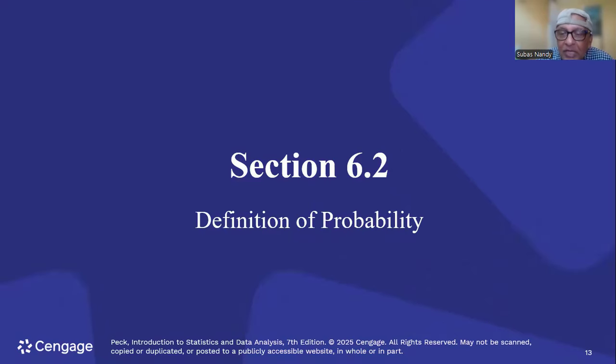Definition of probability. As you all know, probability means a chance of certain things happening. For example, when you toss a fair coin, you expect in the long run you'll get 50% head and 50% tail. So the chance of getting a head in the long run of tossing a coin is 50%.